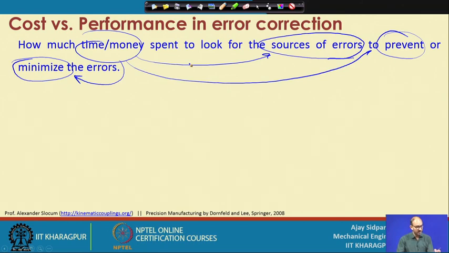So, there is always a break even between the time and money spent to correct or identify that error, and the benefit you get by correcting it. You should know that break even, otherwise you are always wasting time and money finding or preventing an error which may not be important in different components.